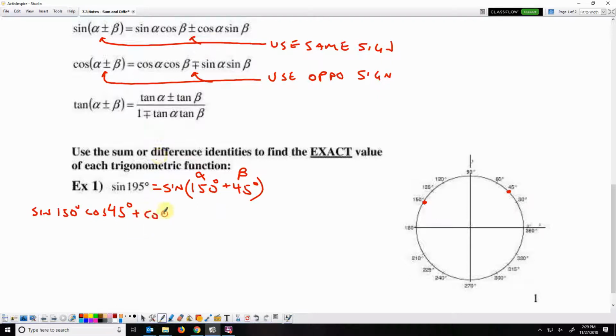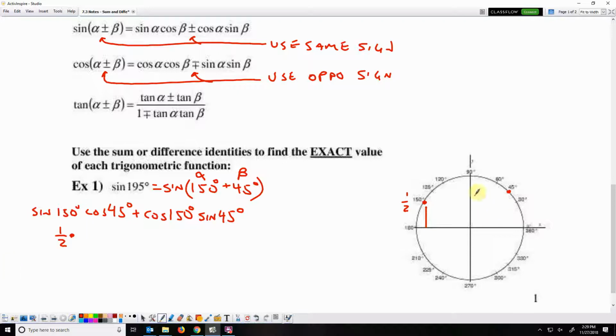Cosine alpha, so cosine 150, sine beta, sine 45. So sine 150: sine is a y value, and it's the first position up, and that's 1 over 2. So sine 150 is 1/2.